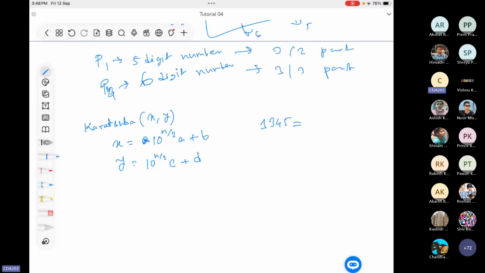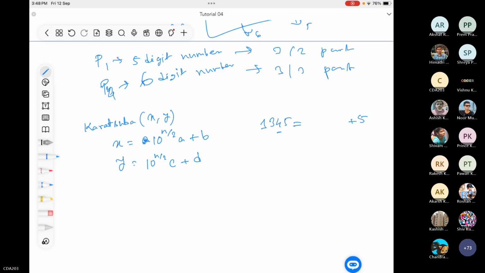So this 5 is unique. Then the tenth place is 4. Okay, in fact base 10. Of course, it's basically decimal numbers we are dealing with. So I am talking about the decimal representation of this.